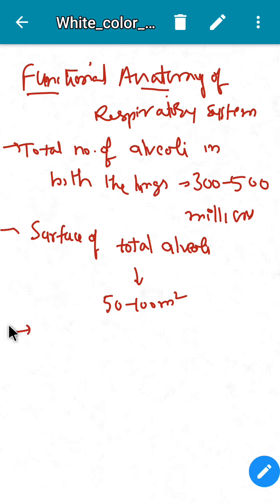The respiratory tract is divided into certain generations. Suppose it starts with the trachea. The trachea will divide into bronchi, and the bronchi will again divide into bronchioles. So there is division as we go down the respiratory tract, and each division is called a generation.